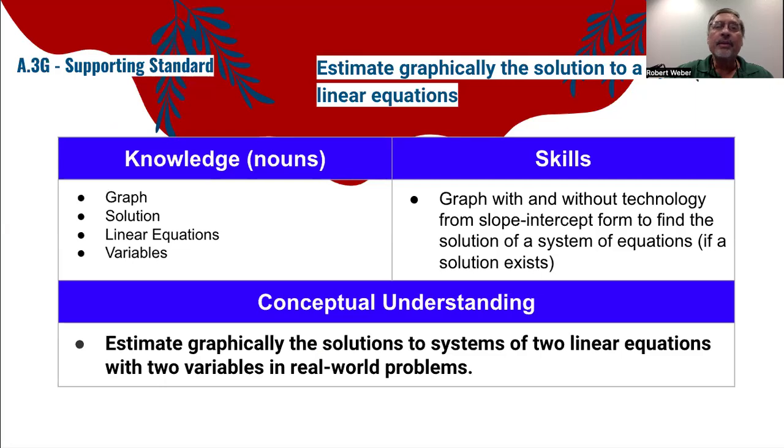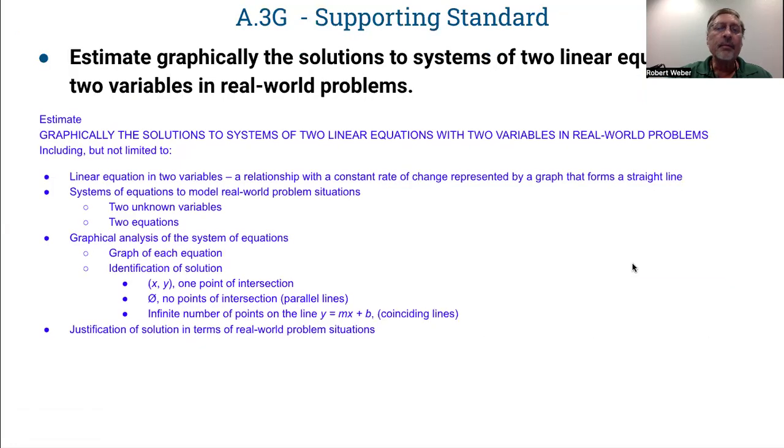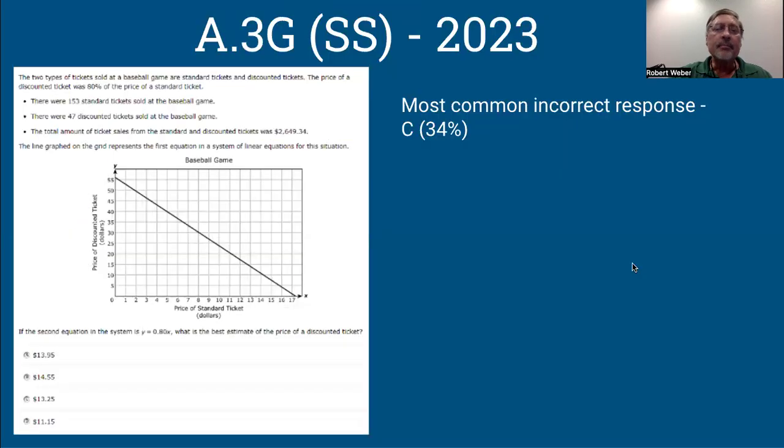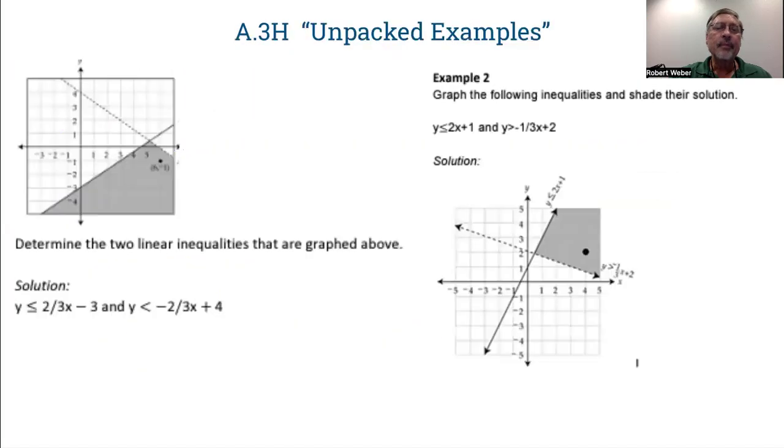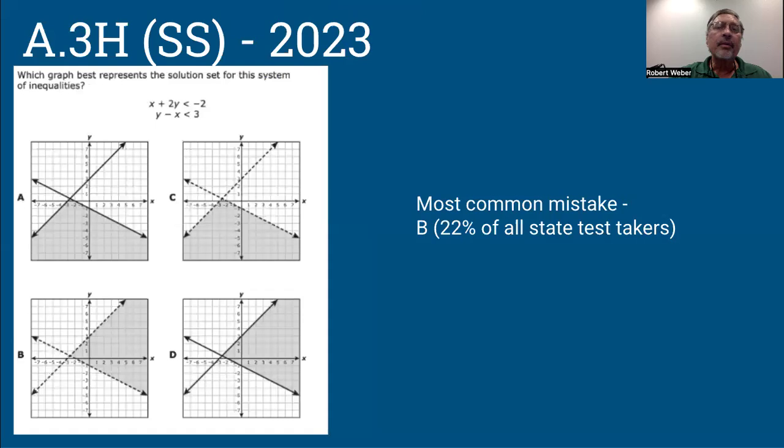Example there, 3G, estimating graphically the solution to a system of two linear equations. Kind of an odd TEK to me because we're actually doing that anyway when we're doing the solving, but whatever. Show an example there. 3H, graph systems of inequalities. And of course, the examples there.